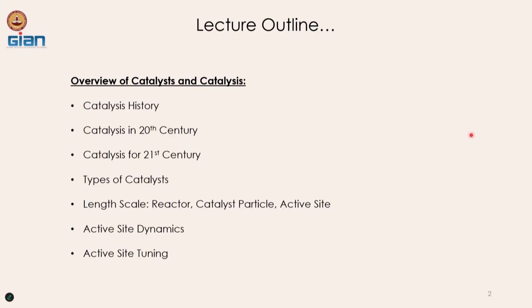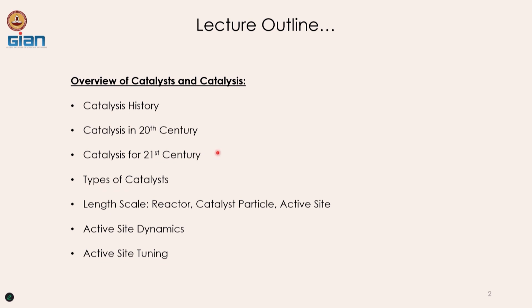So for today, this is going to be our lecture outline. We will start with a little bit on the history of catalysis. Then we will look at how catalysis changed our lifestyle and modern human society in the 20th century, and what the role of catalysis is going to be in the 21st century.